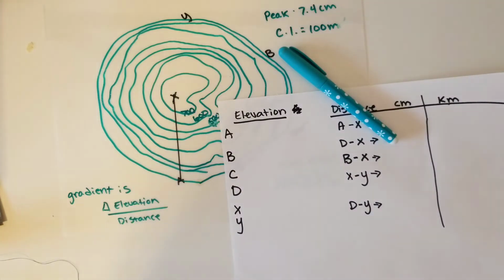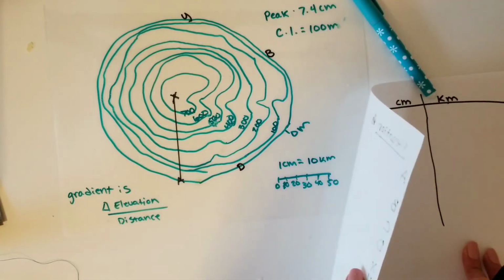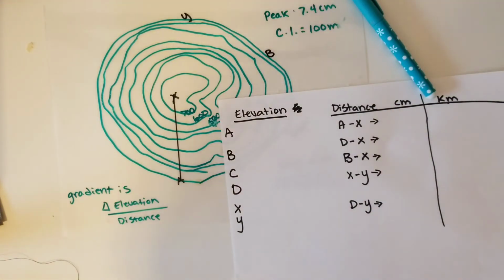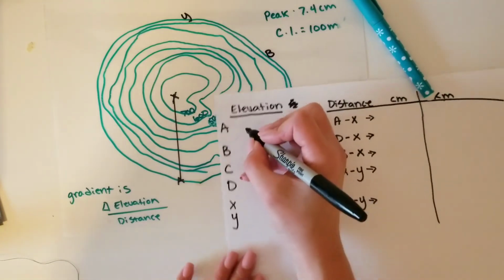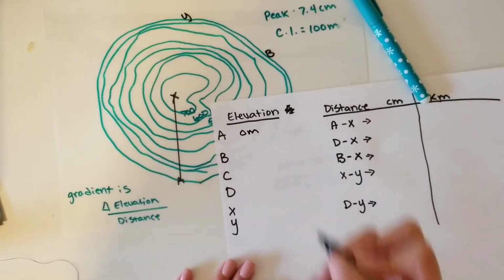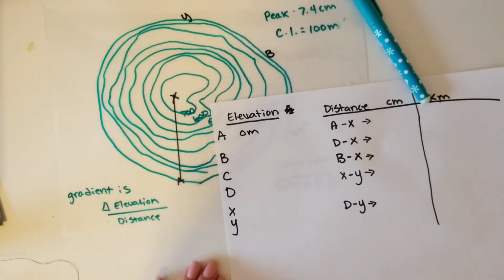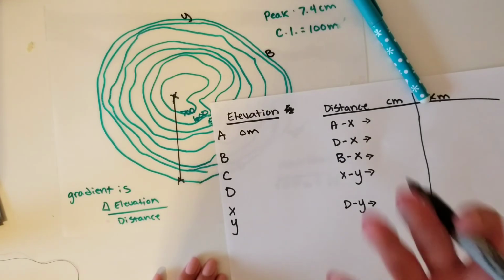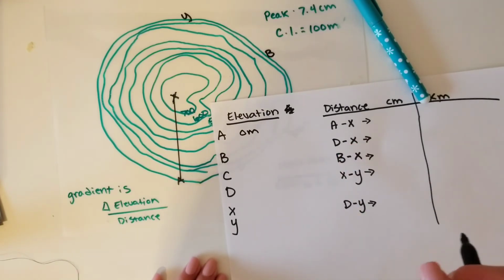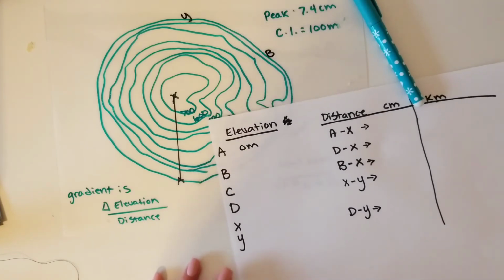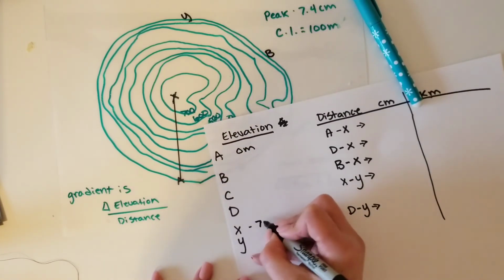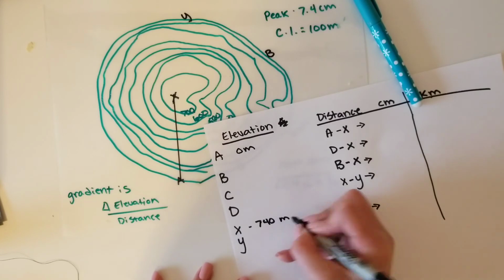But we're going to start off by finding the elevation of A. So A is actually at sea level, 0 meters above sea level. X, remember we found the peak of X earlier was 7.4 centimeters. So if we remember, our scale was by 100, so X is actually 740 meters tall.